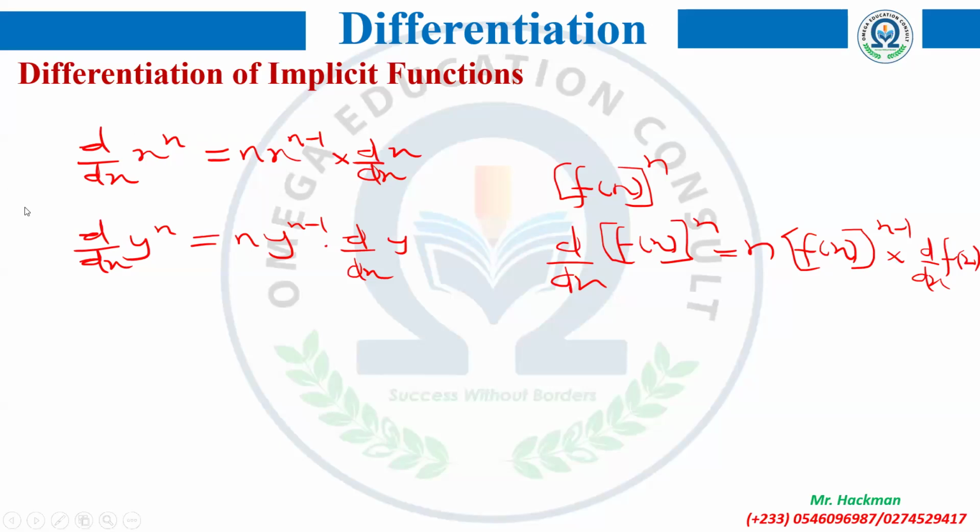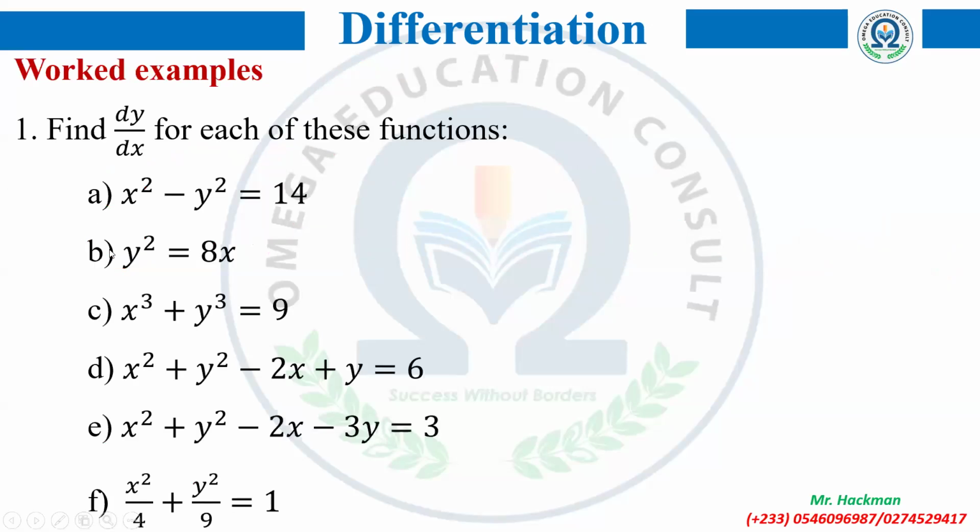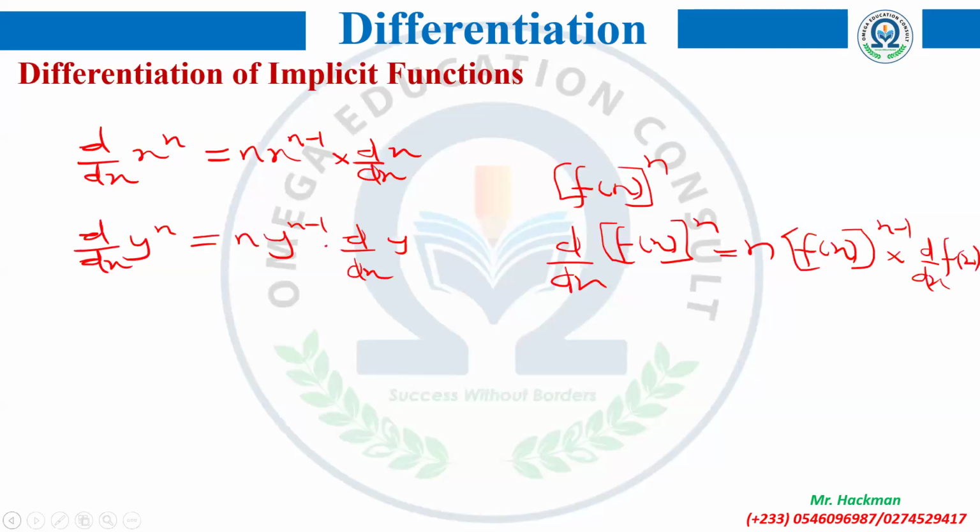So now again, I'm dealing with d/dx of y to the power n. So I'm differentiating a function to a particular power. That's the more reason why I always want you to write your operator. Fish out your operator, then attach it, and ask yourself, your operator is affecting what kind of function? You can see that it's a function to a power. So I have to use the general power rule, which is the composite function.